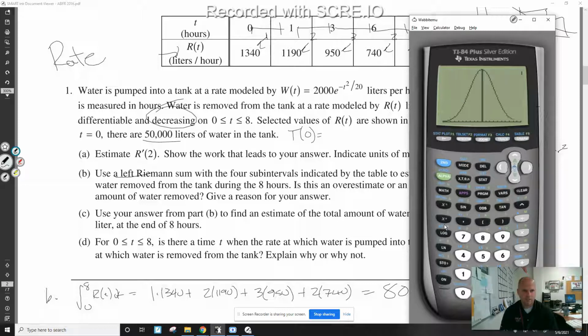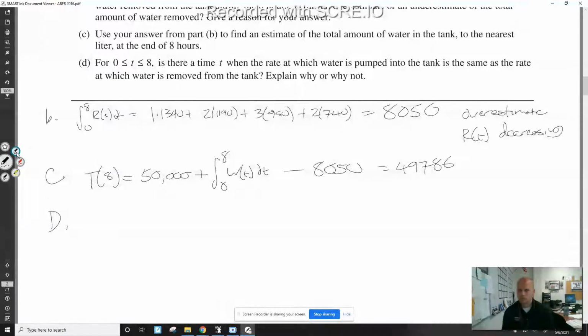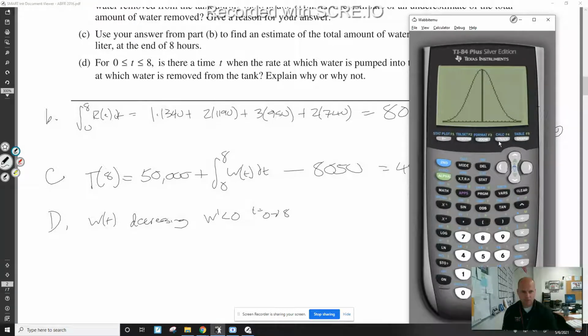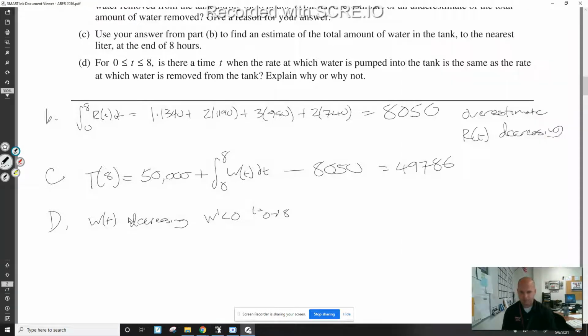Yeah, look at that. Okay, so you can say W of t is decreasing. If you want to be particular about it, you can say W prime is negative on the interval from 0 to 8.